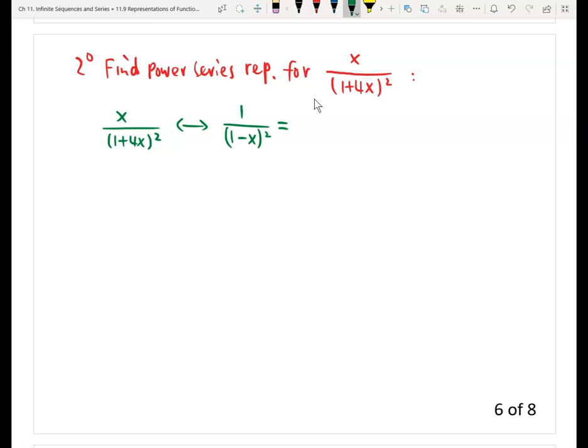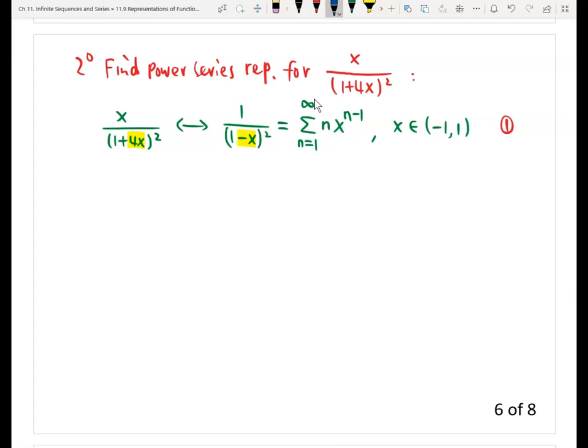And for this function, in the first step, we already got the representation, which is the sum of n times x raised to the n minus 1 power, n starting from 1 to infinity, and the domain is x belongs to negative 1 to 1. We call this series 1, right? Now the second step we need to do is just substitution.